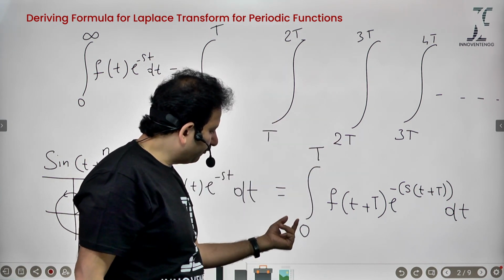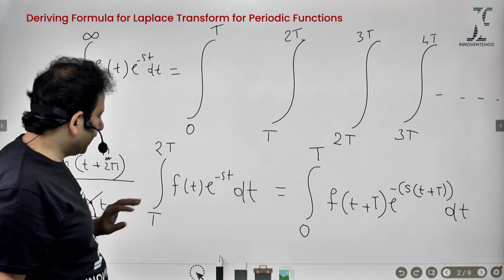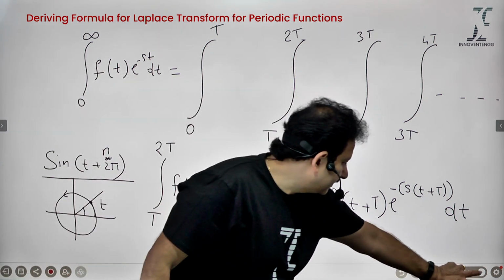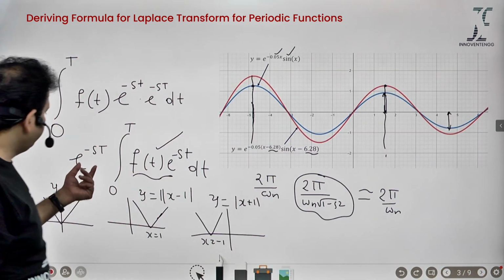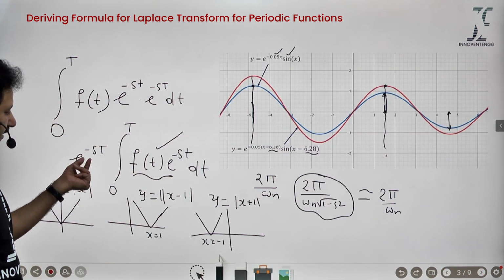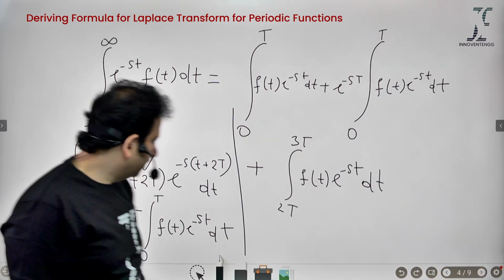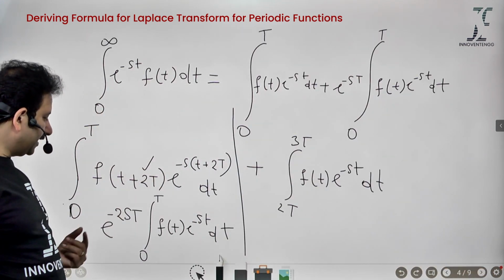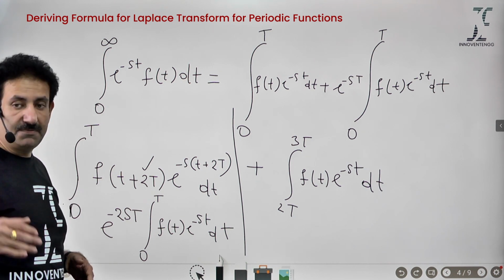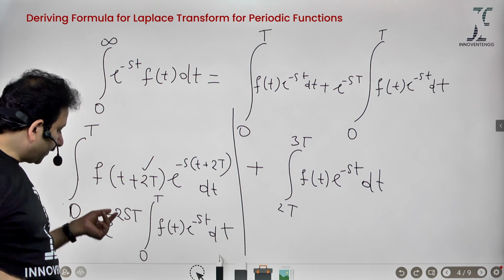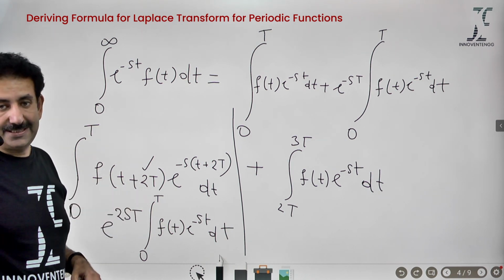As a consequence, we could get a coefficient e power minus sT for the second term. For the third term, we could get e power minus 2sT. Fourth term, e power minus 3sT. Fifth term, e power minus 4sT. It goes on like that, right?